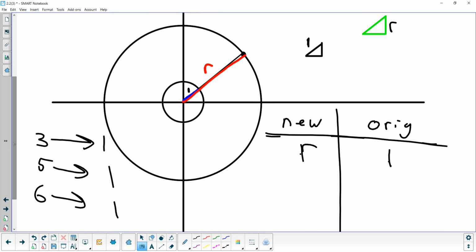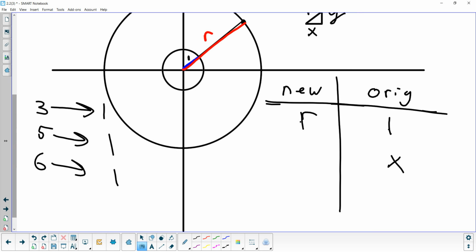Now, in the black triangle, we had 2 other sides as well. We had x on the original, and we had y on the original. If we divide one side by r to turn it back into the original, we have to divide everything by r.